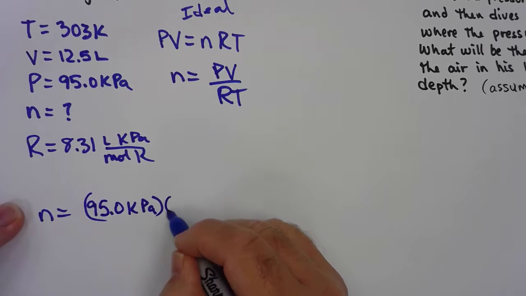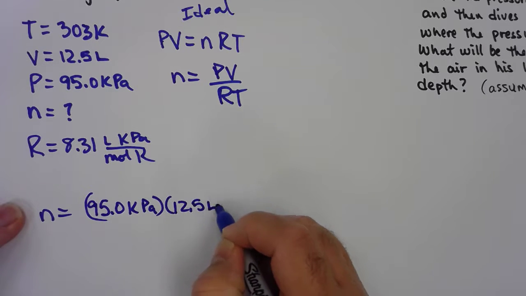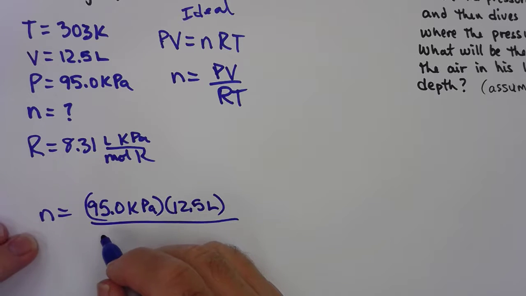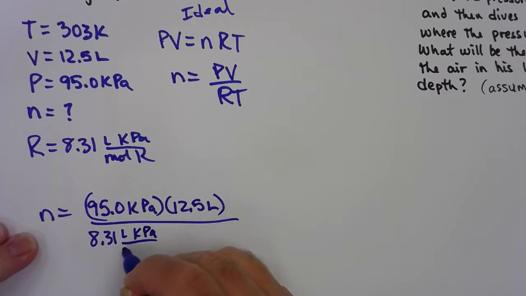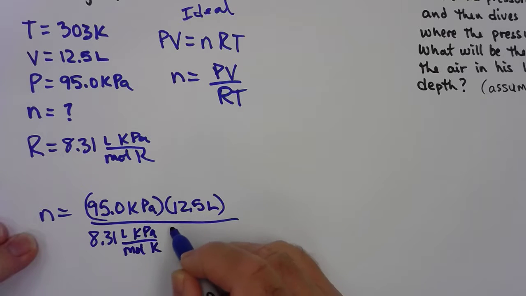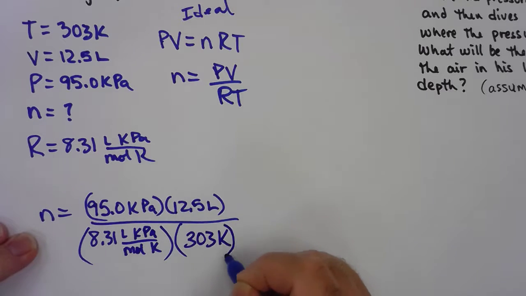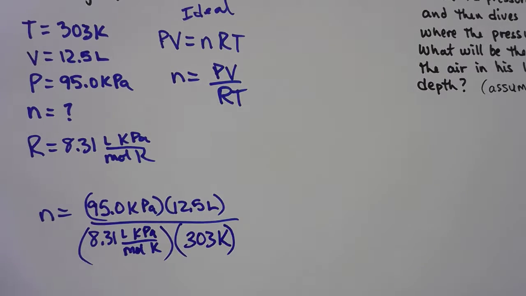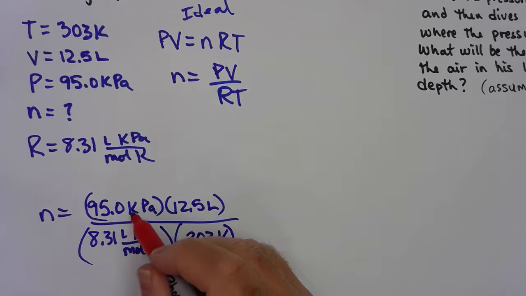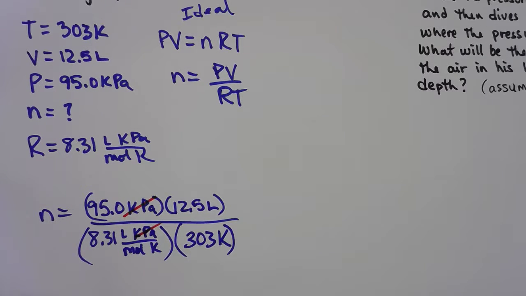V over R and T. Now let's look what happens here. I have kPAs in the top, I have kPAs in the bottom.